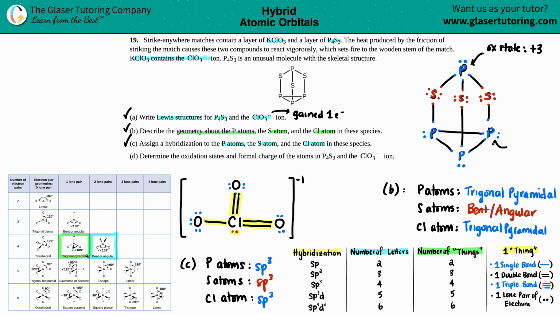Now let's look at this phosphorus. What's this phosphorus's oxidation state? Remember, we don't care about the ones that aren't bound. You just look at the 3 that are bound. Well, here is bound with the sulfur again. So you're going to lose that electron because that's going to go to the sulfur. But now for these 2, you're bound with phosphorus. That's the same element. So are you going to lose anything?